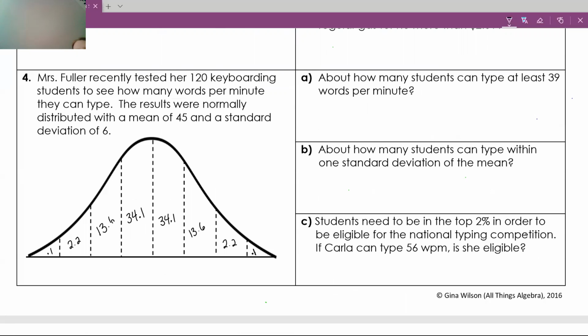Mrs. Fuller recently tested her 120 keyboard students to see how many words per minute they can type. The results were normally distributed with a mean of 45 and a standard deviation of 6. So mean of 45, I'm going to put 45 on my middle line and a standard deviation of 6. So to go to the right, I'm going to add 6 to each one.